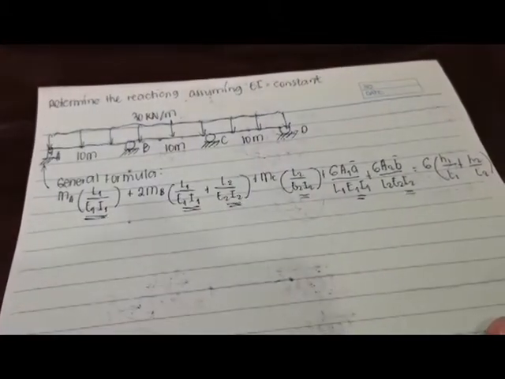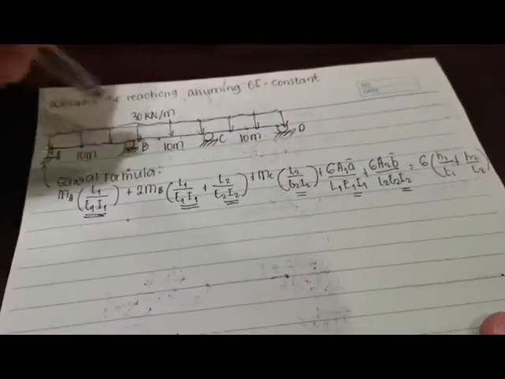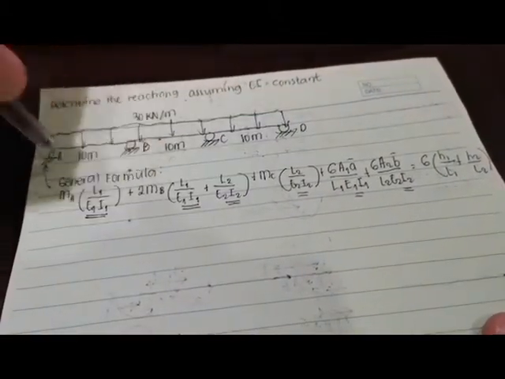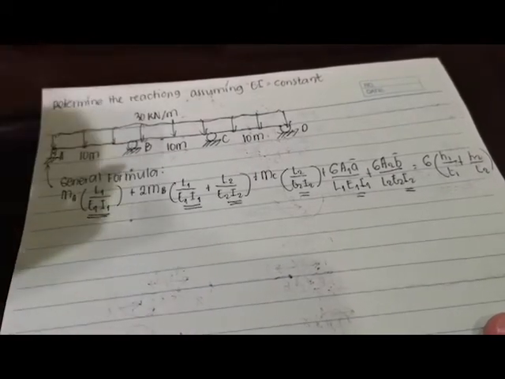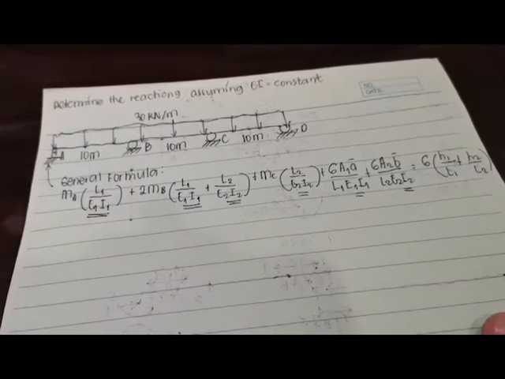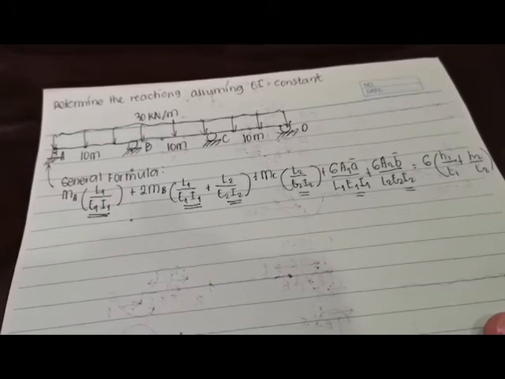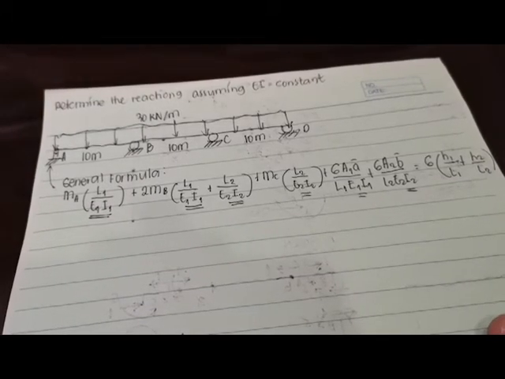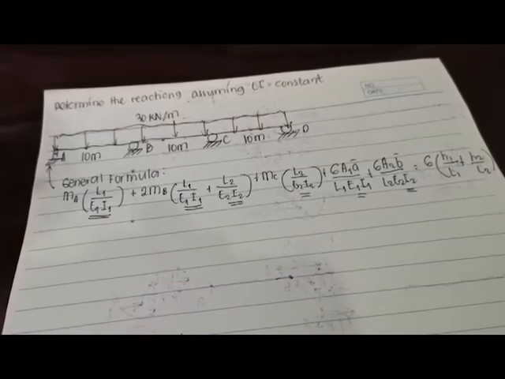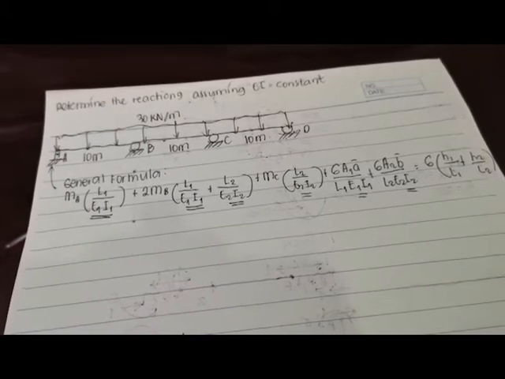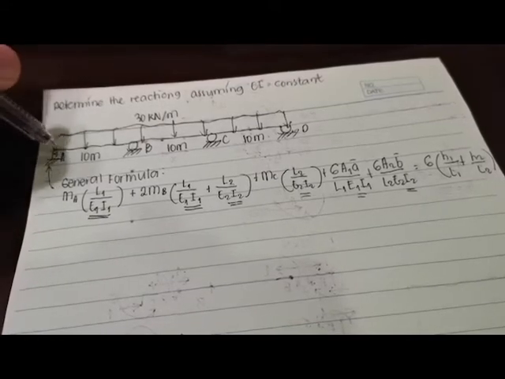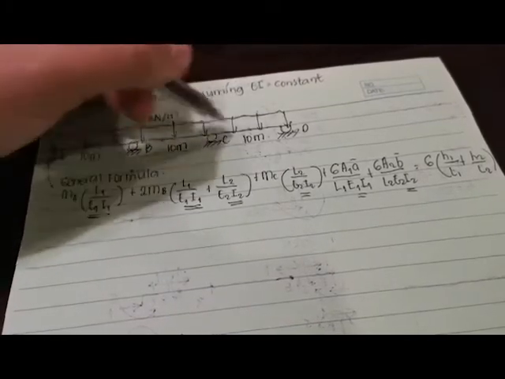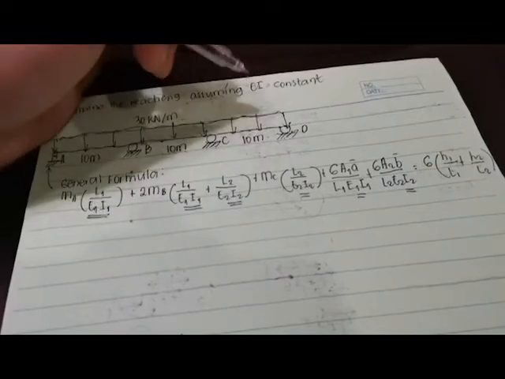Next, they are all supports, so no deflection will occur on each of them, except if we have support settlement or any fabrication errors, but we are going to neglect that. Therefore, since these are supports, all deflections will be equal to 0.